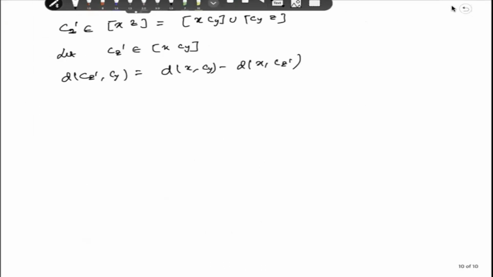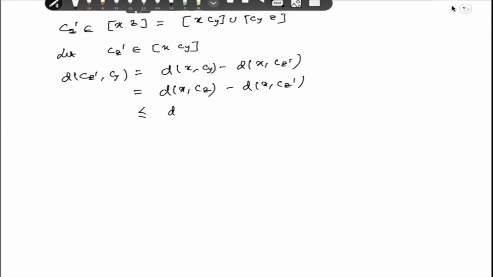So that thing we have written here. And again, the distance between X and CY is the same as the distance between X and CZ. So we have this equality here.